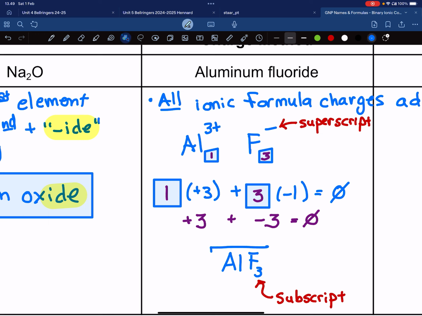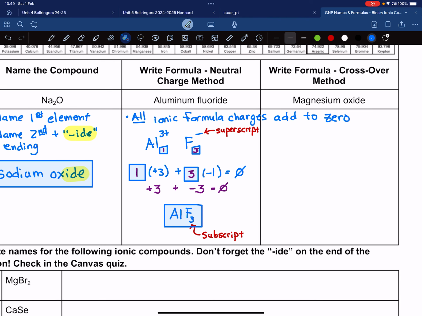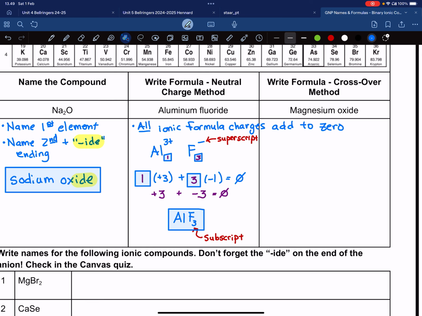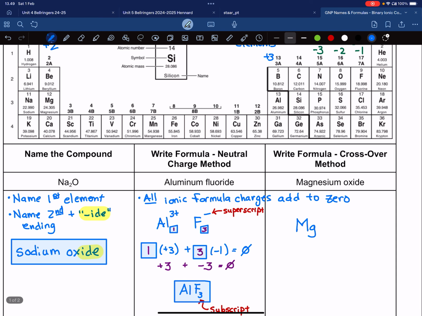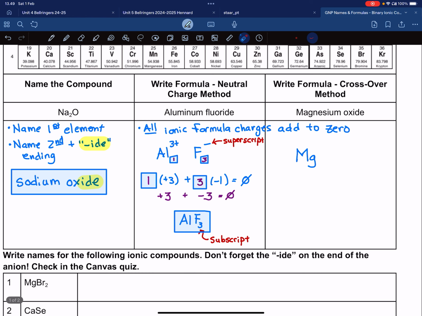Now, there is another way to do it, but you do have to be careful with it. So it's easier just to show you than to tell you. Magnesium is in group 2, so therefore it's a 2 plus.